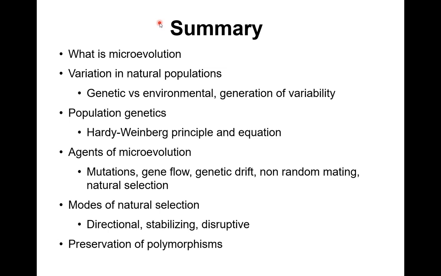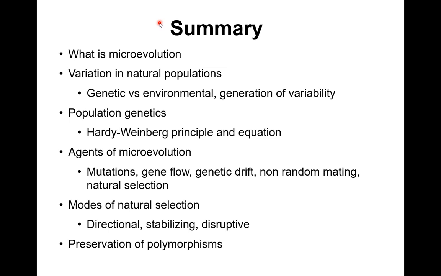We talked about quantitative versus qualitative variation. Then we talked about what is genetic, and that's the one that microevolution works on. It's genetic variation, not the environmental one, and how you can figure out which variability is genetic and which is not.